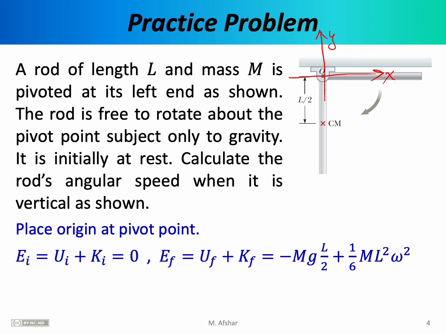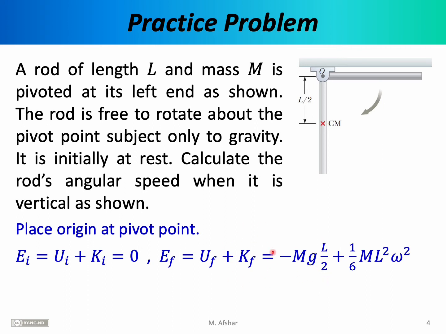If we wanted to know what the y-coordinate of this point is, we would say that the y-coordinate for the center of mass is equal to minus L over 2. And therefore, when we talk about the final potential energy, we're going to say that it's mgy. We have m here, we have g here, and then we have minus L over 2 for the y coordinate. So the final gravitational potential energy of the rod is going to be minus mgL over 2.